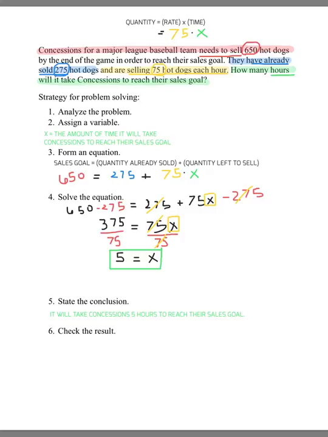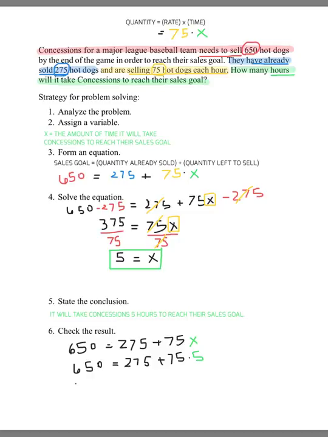Now that we've stated the conclusion, let's check our result. When checking the result, you want to start off with the original equation found in step 3. So we're going to write 650 is equal to 275 plus 75x. However, we now know the value of x, so we substitute that in. So 650 is equal to 275 plus 75 times x, which is 5.